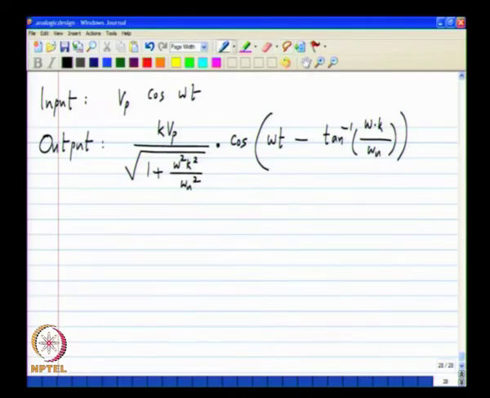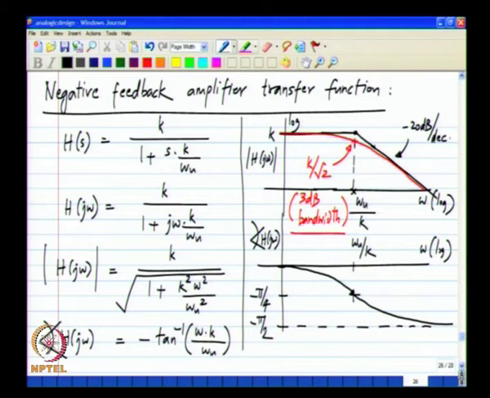So, these are the input and output, and first we will look at a frequency range which is much smaller than omega u by k, that is, we will be looking at this range of frequencies.